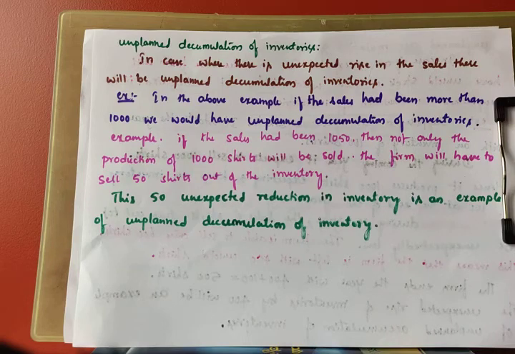In the next class we will discuss planned accumulation and planned decumulation of inventories. Don't forget: unplanned accumulation means fall in sales and an increase in the inventories. Unplanned decumulation means unexpected rise in the sales and unexpected reduction in the inventories. Okay, thank you.